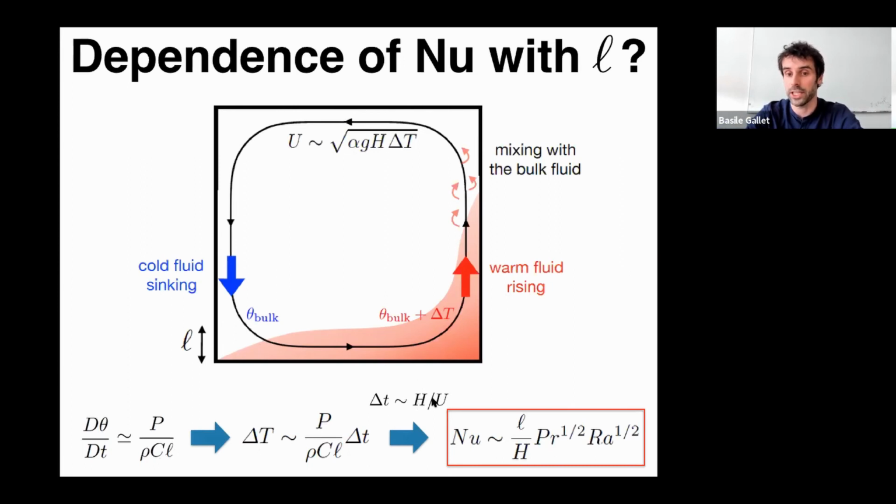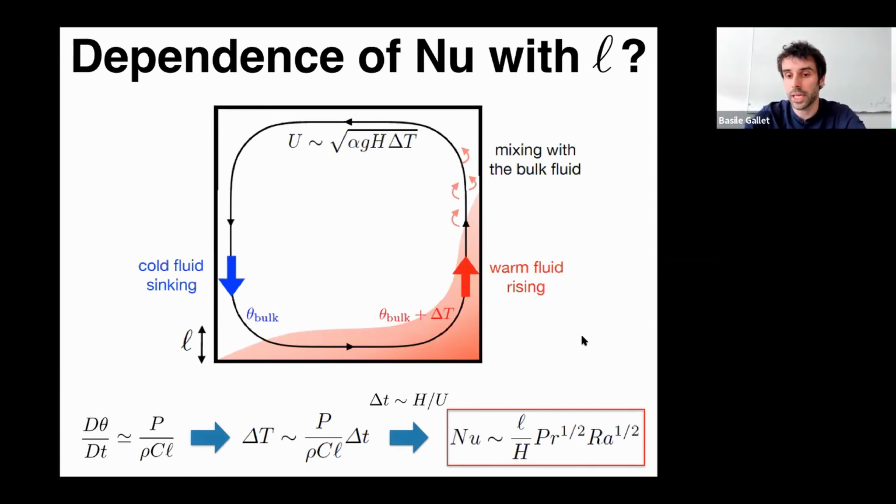And this travel time is H divided by U. You substitute this free fall velocity, capital U, and you get that the Nusselt number should be L over H times square root of Rayleigh-Prandtl. Okay, so with this very simple model, we get the answer that the Nusselt number should depend linearly on the absorption length L.